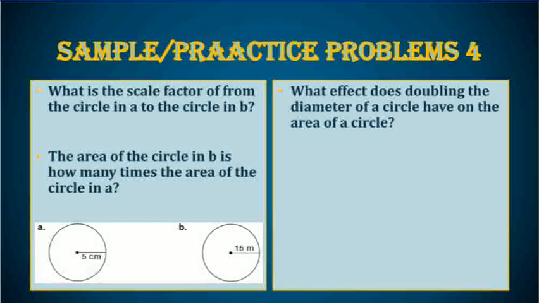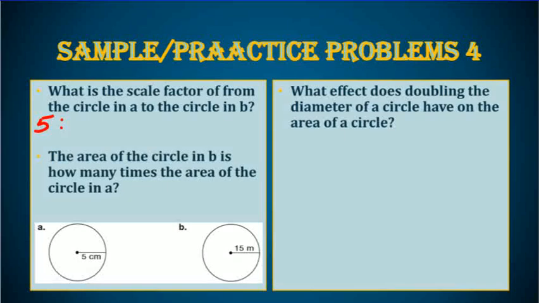And the next one, what is the scale factor from the circle in A to the circle in B? So scale factor, we'll be looking at the area of A to area B. Well, if you look at the radius in the first one is 5.